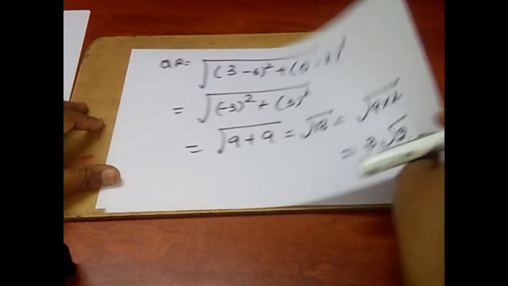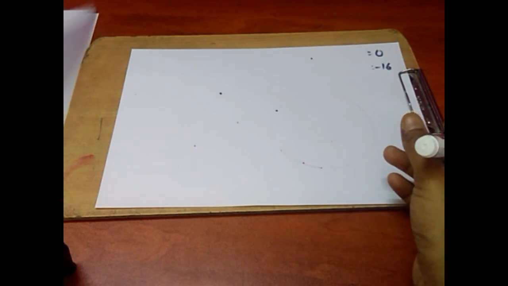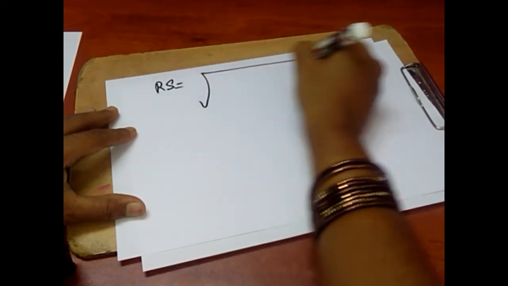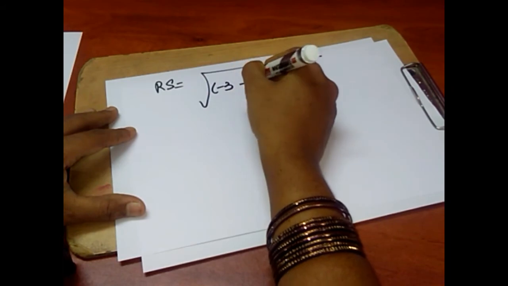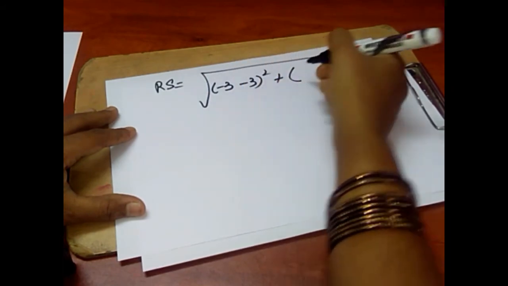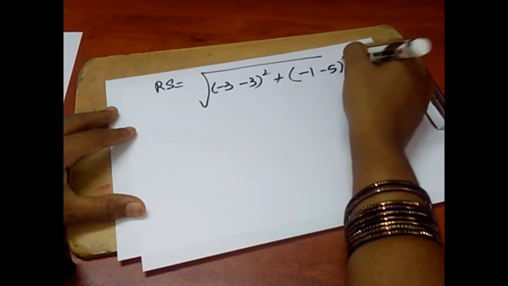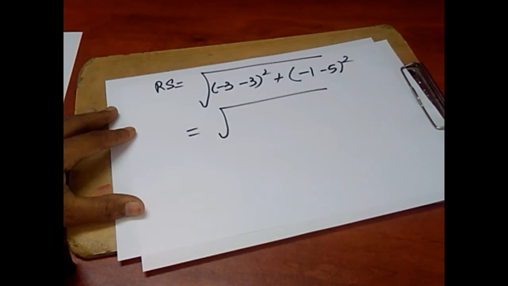Next, PQ and QR are over, let us move on to RS. Square root of (x2 minus x1) whole square plus (y2 minus y1) whole square. 3 minus 3... minus 3 is minus 6.